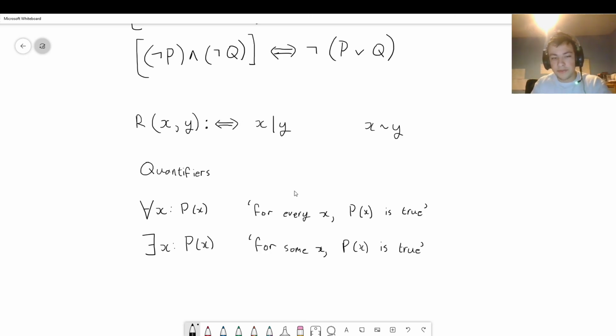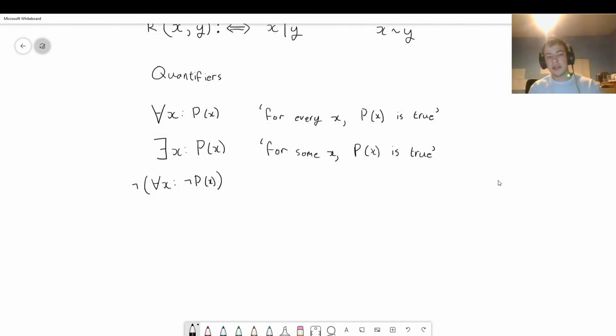And so this is equivalent to saying that not for every x, P of x is false. Okay, so for some x, P of x is true. Not necessarily all of them, but for at least one value of x. Okay, and then we also have the exists unique, but I'm not going to talk about that now. Okay, so those are quantifiers, and we'll use those to build up statements.